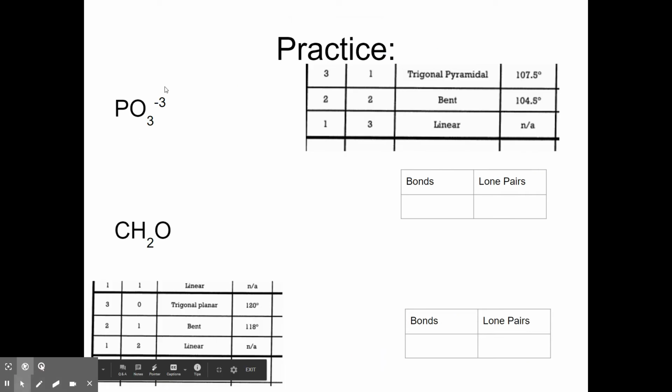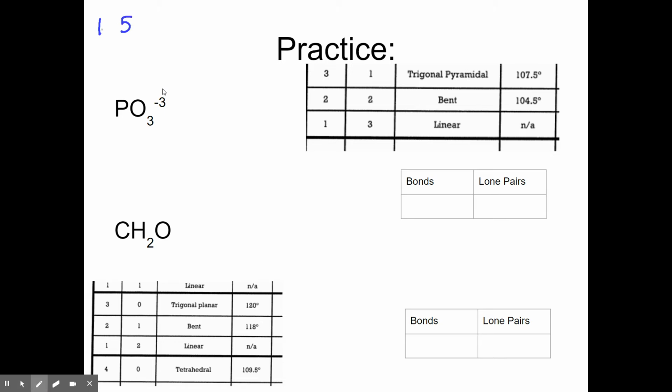For our next example, we have PO3, -3. So, do my math. My P has 5 valence electrons, and there's 1 of those. My O, I have 3 of them, and each has 6 valence electrons, so that's 18.